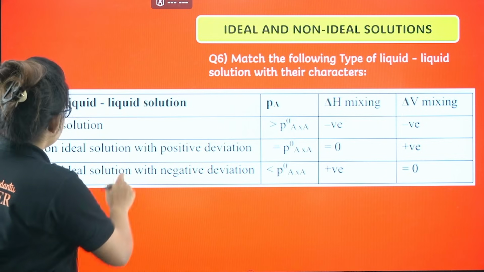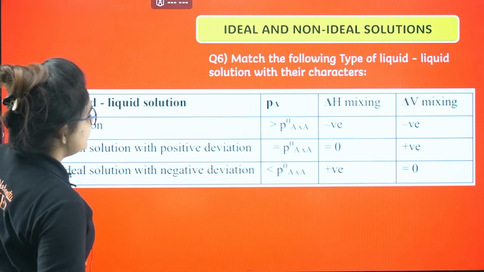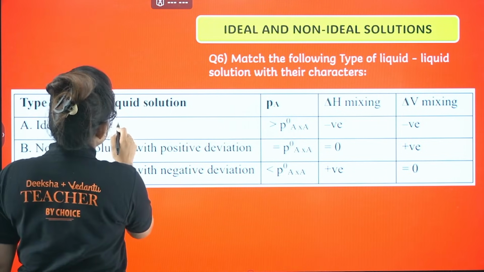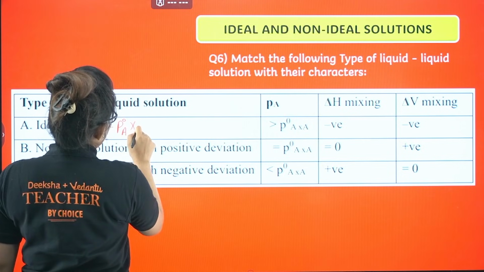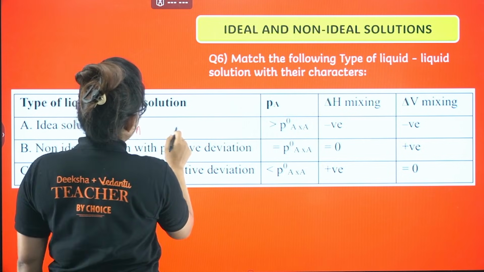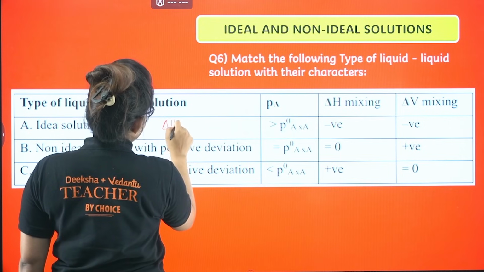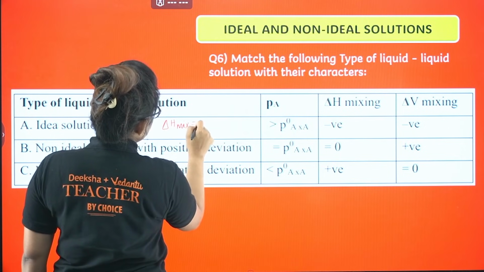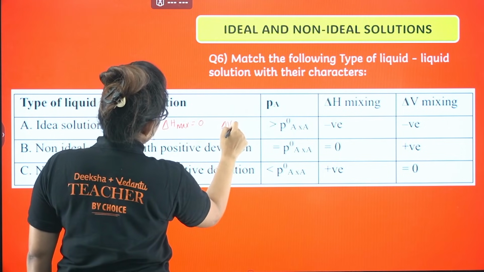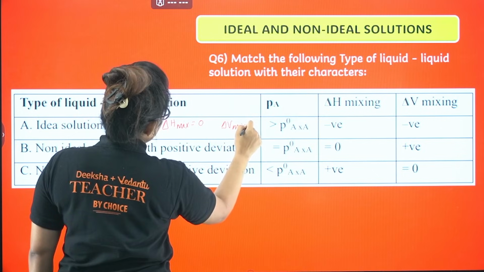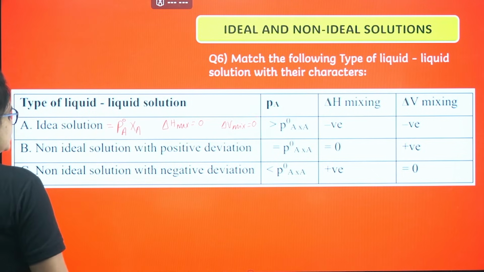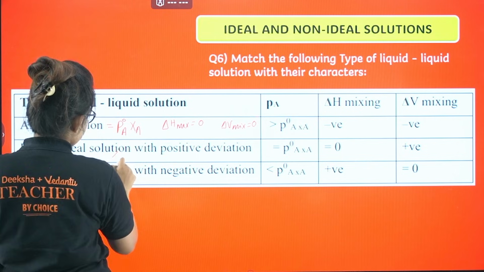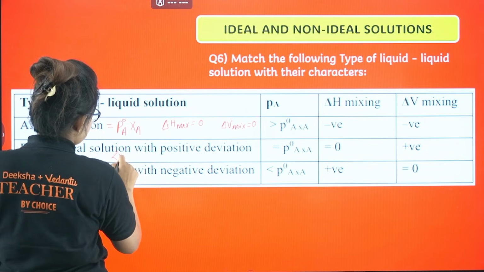Here you can see ideal solution, right? So for the ideal solution it will be equal to P naught A of XA, and delta H mix should be equal to 0 and delta V mix should be equal to 0. Okay, non-ideal solution with positive deviation, so total pressure should be more.